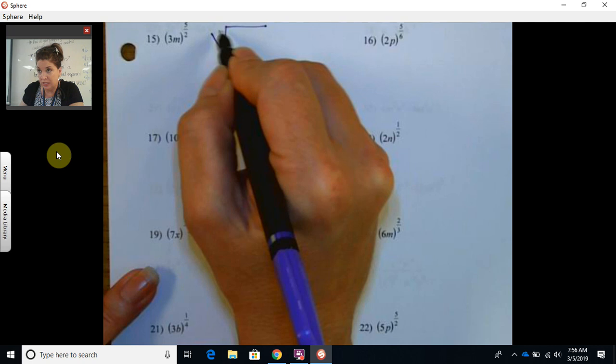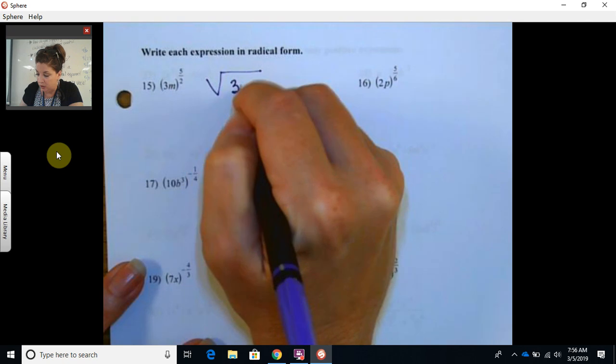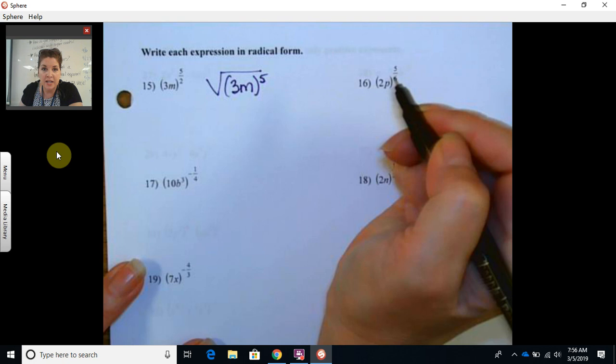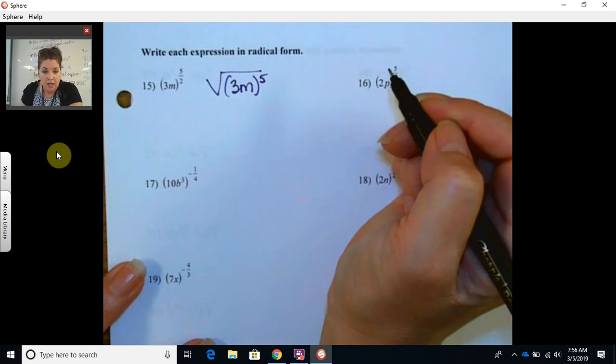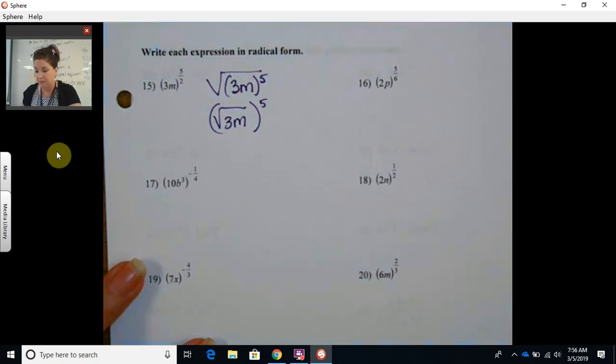Do I write 2 if 2's in? No. So that's the square root of 3m raised to the what? 5th power. I like to write it like this, but on the test that I give you, they will have the square root of 3m with the parentheses on the outside. I don't like it that way, but that's the way they write it. They mean the same thing. Okay?